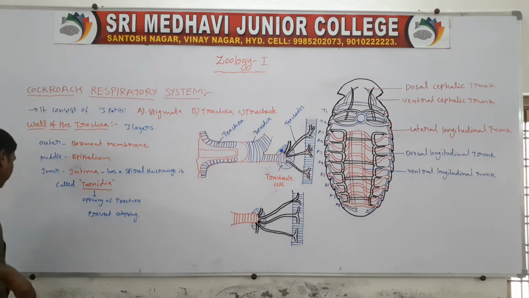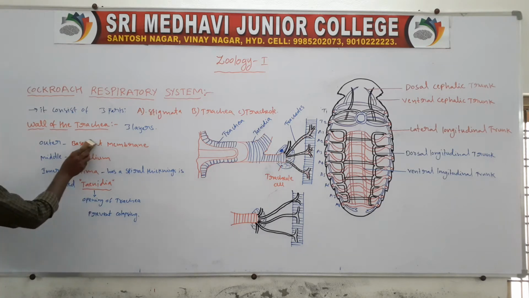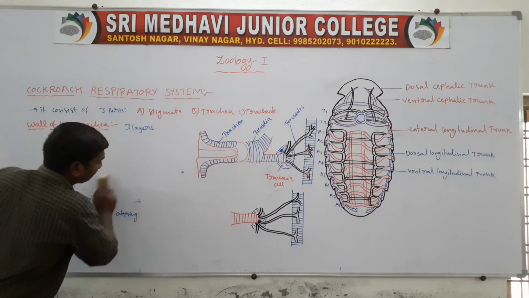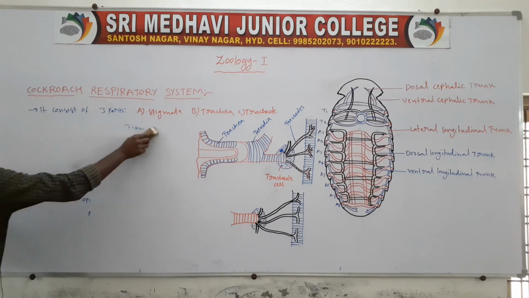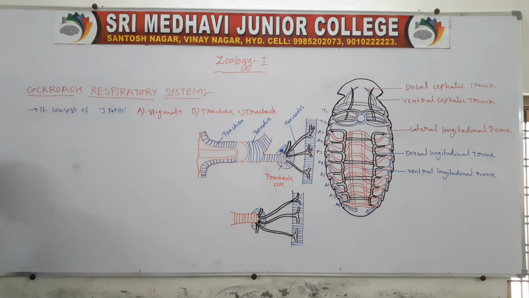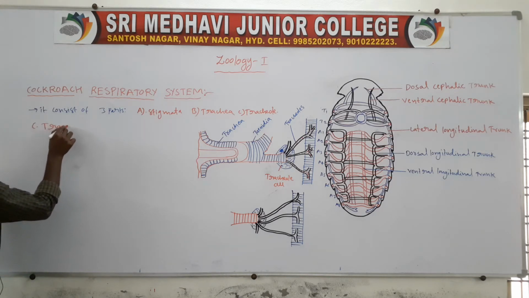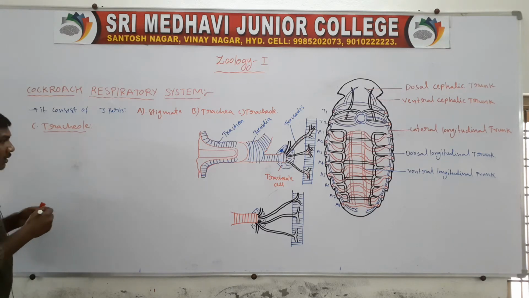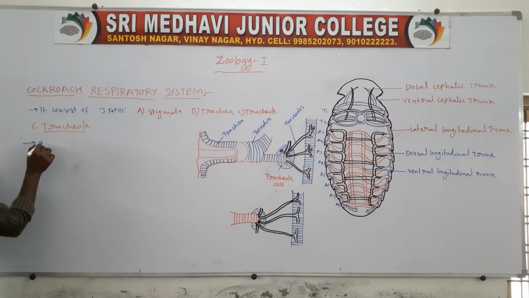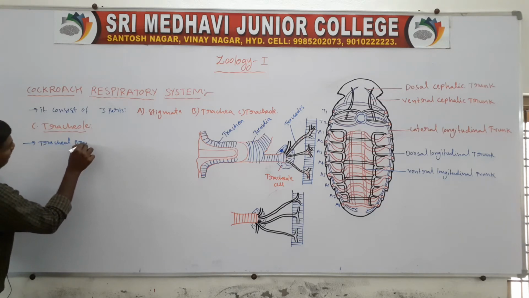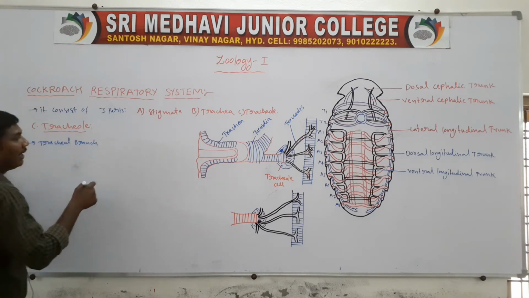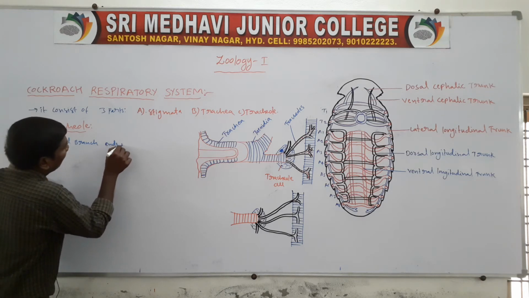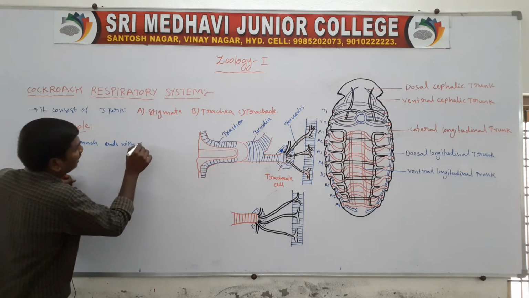Next, the third side heading: tracheole. The tracheal branches end with tracheolar cells.